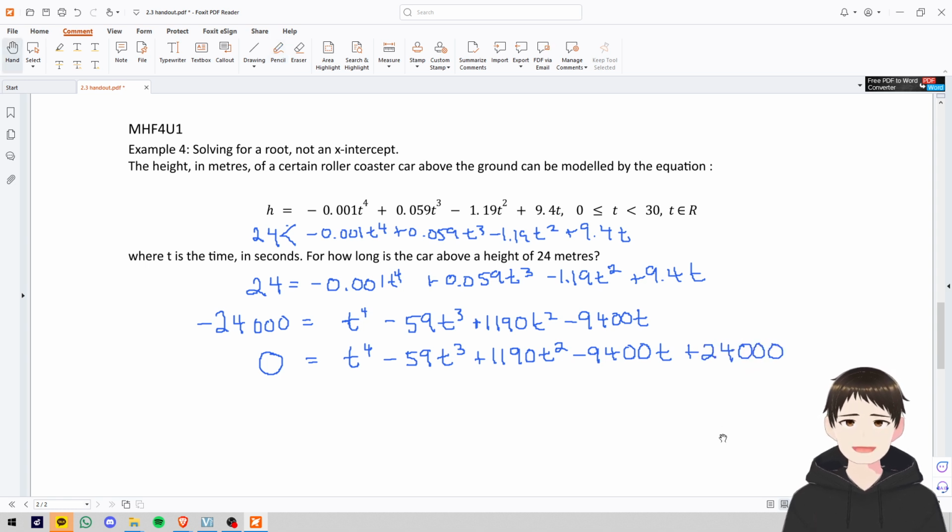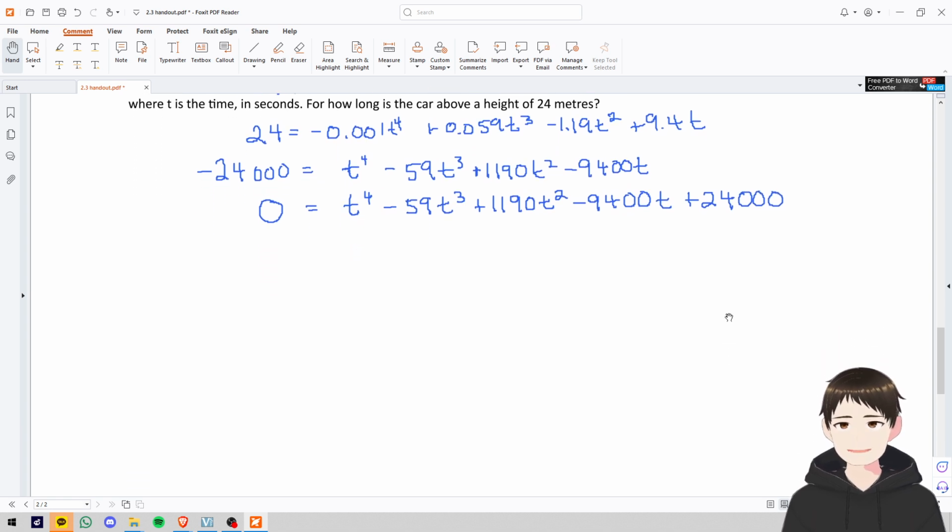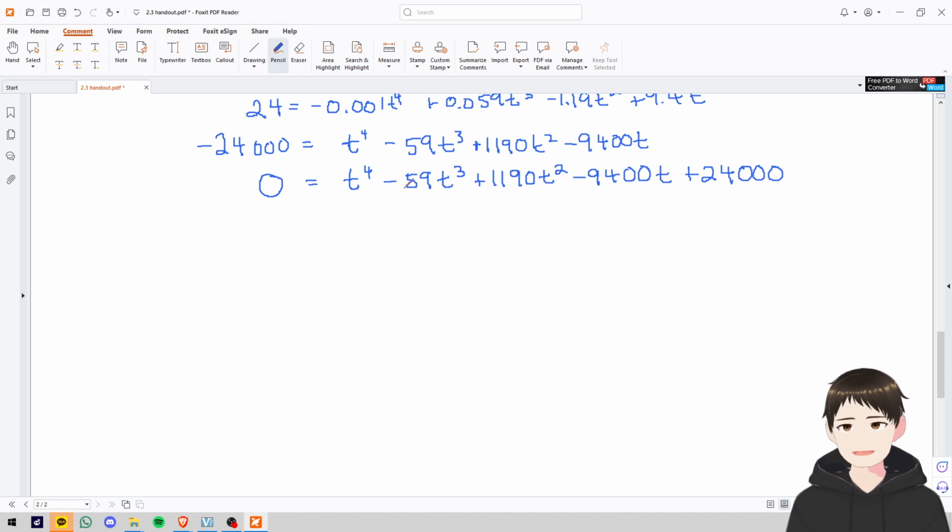So here's Mr. Evil Mr. Kim. What are the possible factors or roots of this equation? You'll have to look at this. It could be plus minus 1, plus minus 2, plus minus 3, plus minus 4, so on and so forth, all the way up to plus minus 24,000.